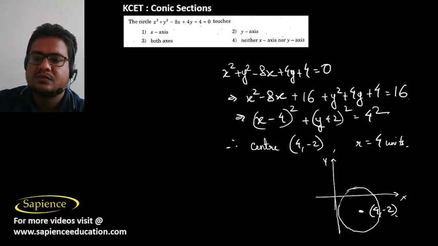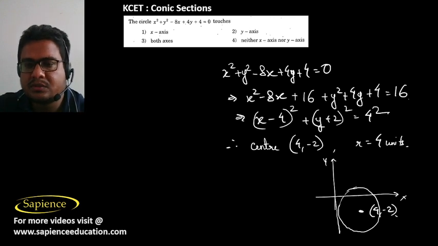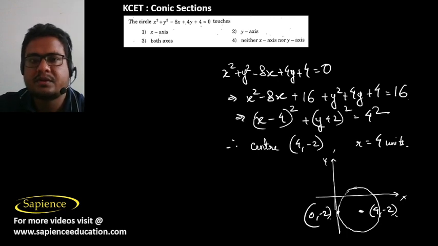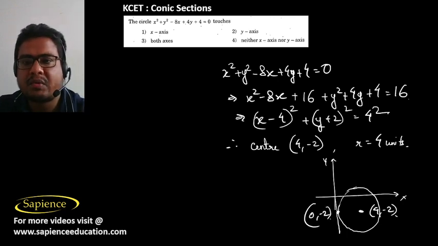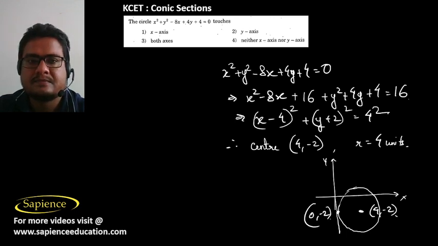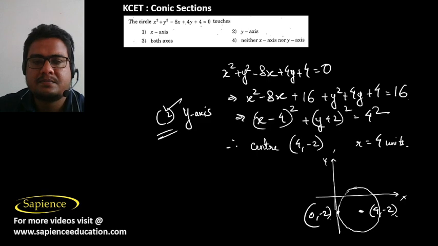Since the radius is 4 units, it will touch the y-axis at the point 0 comma minus 2. So it will touch only the y-axis. So option 2 is the correct answer.